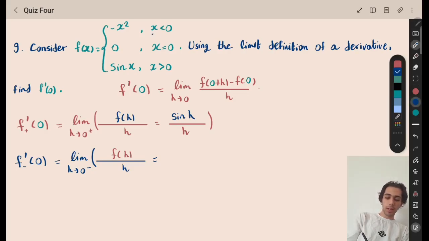And notice that if h is less than 0, then we have minus h squared. Then it's minus h squared divided by h.